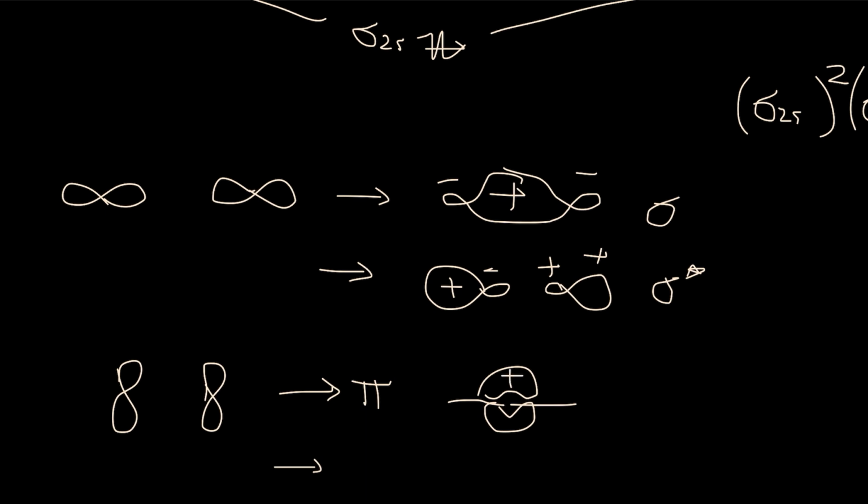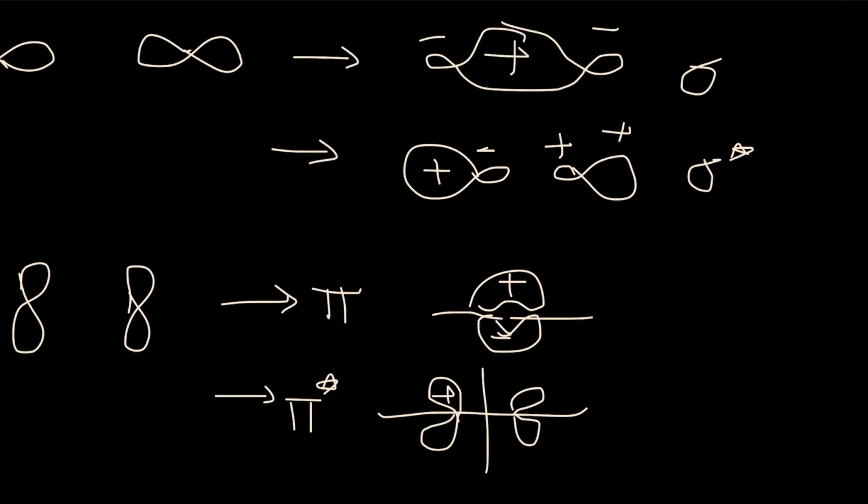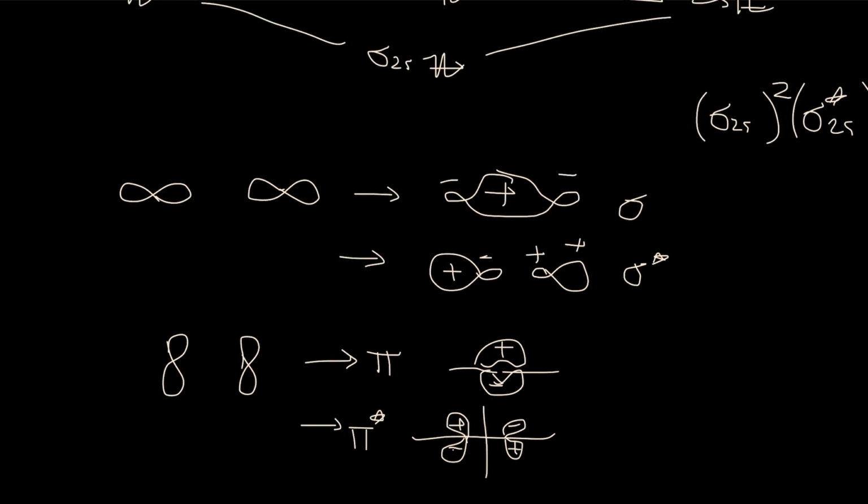This is positive, this is negative. And for pi anti-bonding, it will look like this. There are 2 nodes here and here, axial and equatorial. Positive, negative, negative, positive. So these would be the shapes of molecular orbitals.